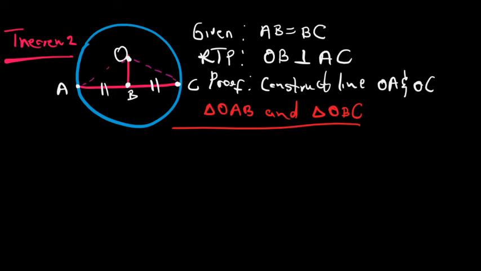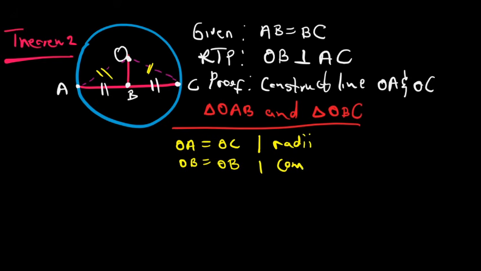Now you're going to compare these triangles using congruency. The first thing you're going to do is say OA is equal to OC. Reason for that is radii. So this side is equal to this side. Reason is radii. And then OB is equal to OB. Reason for that, it's a common side.